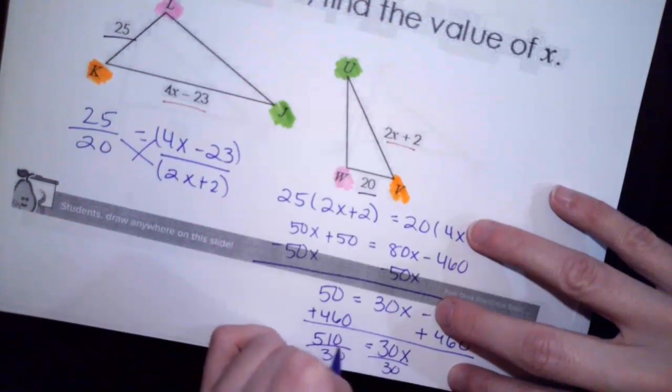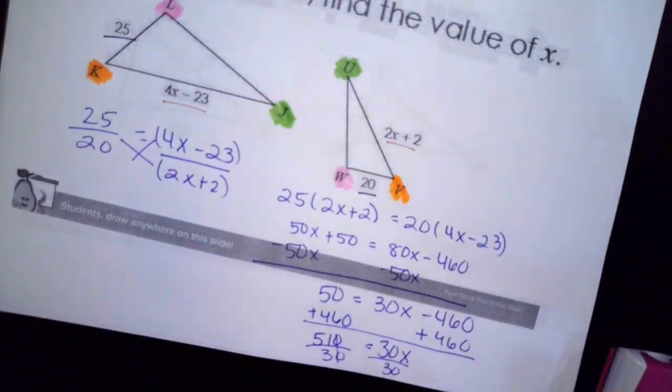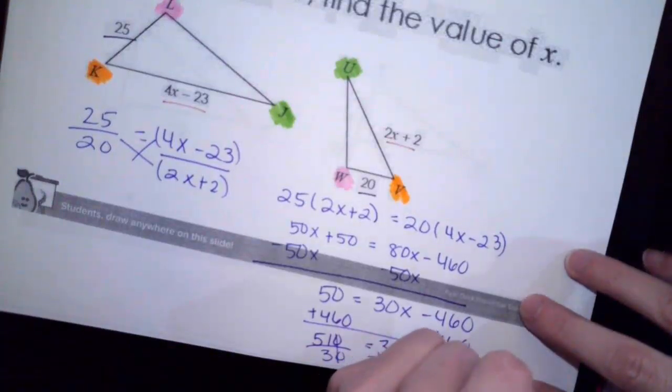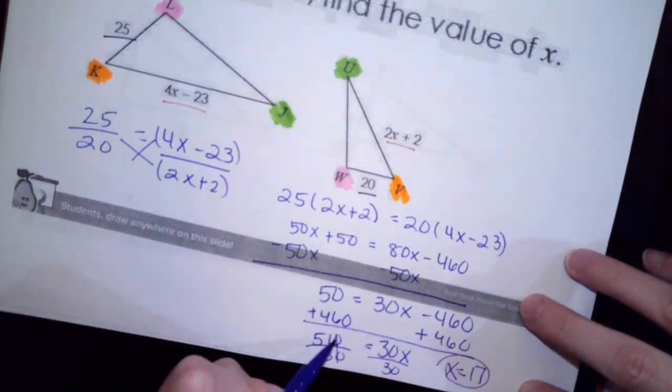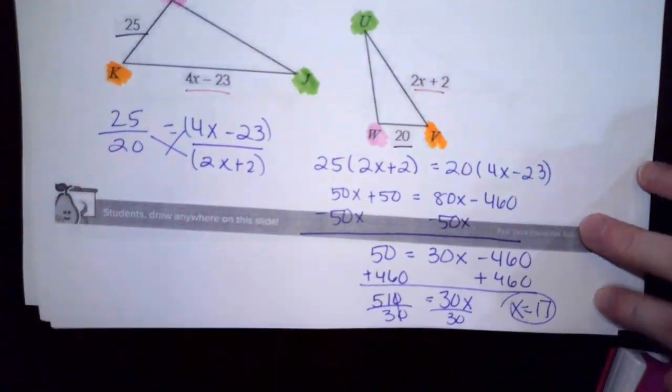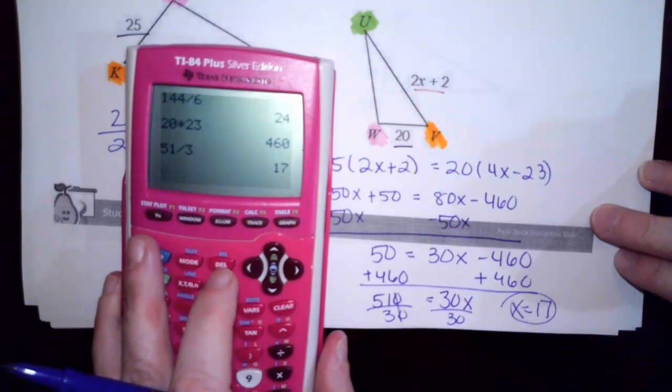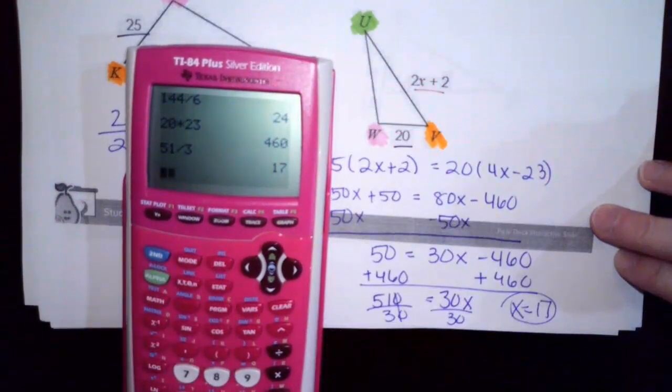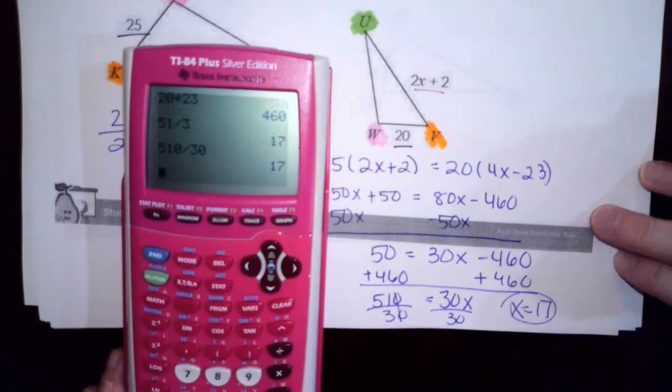Divide by 30, and we should get 17. Right there, I scratched out a pair of zeros. Basically, I divided top and bottom by 10. So then all I had to type into the calculator was 51 divided by 3. But it would have been the same thing, 510 divided by 30. I would have gotten the same answer.